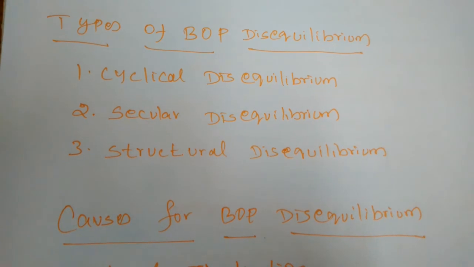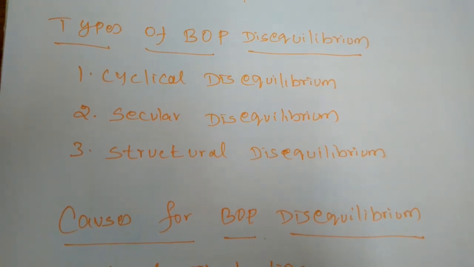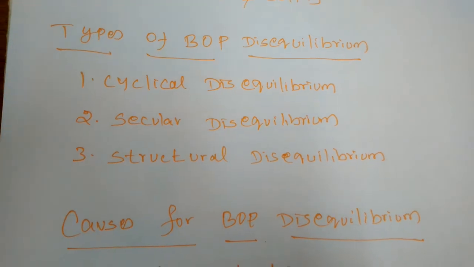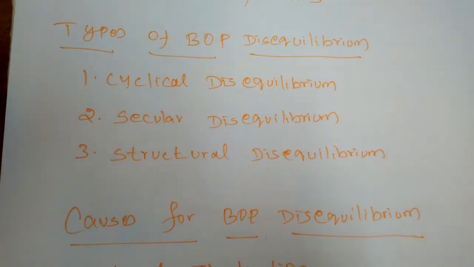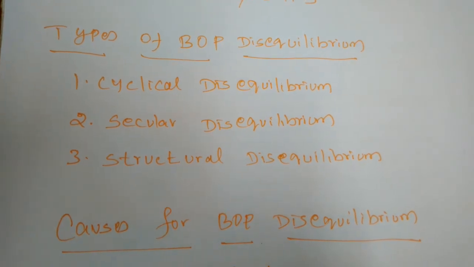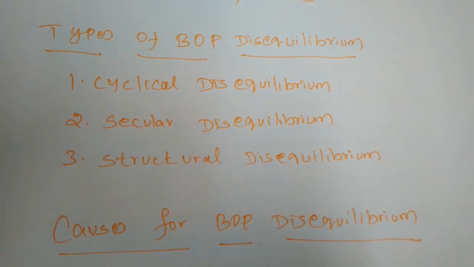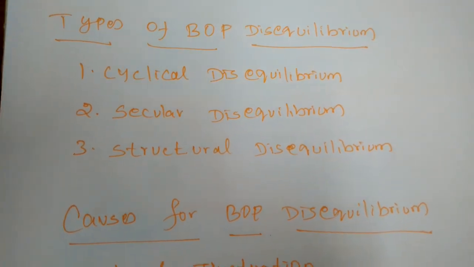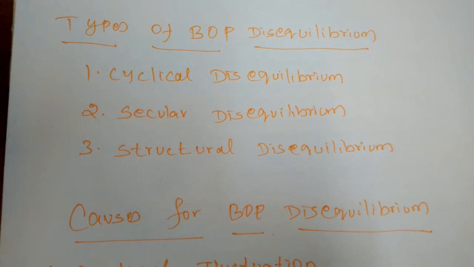The nation which is in the boom period will have more exports. The other nation which is in depression will import more commodities from other nations. So this disequilibrium will arise.